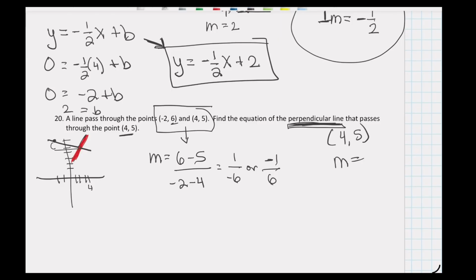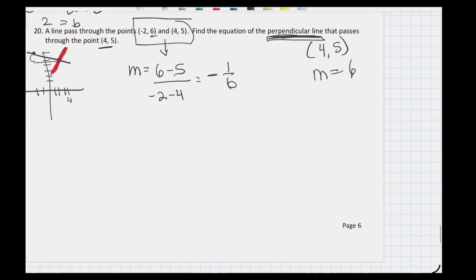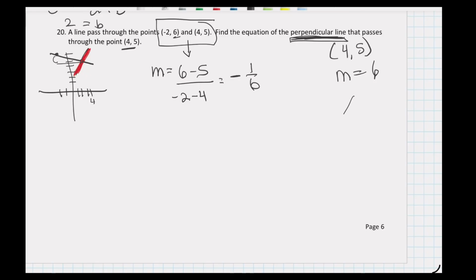Now, the opposite reciprocal is a +6. That's the red line, right? Has a slope of +6. So far, I know that I have y equals 6x plus b. I know the slope.